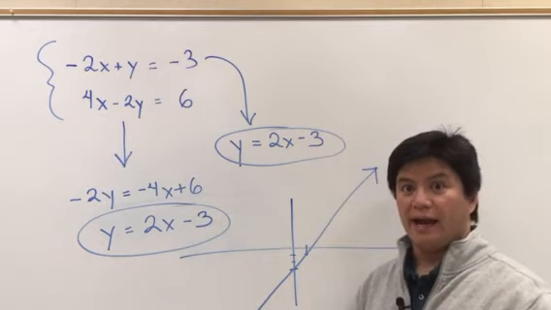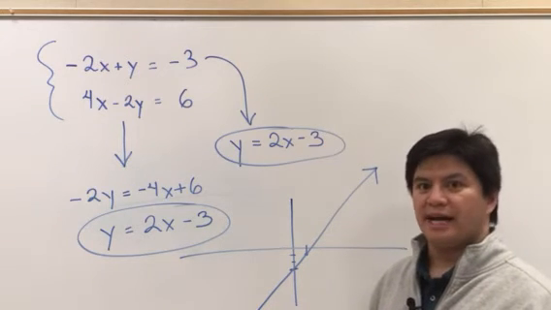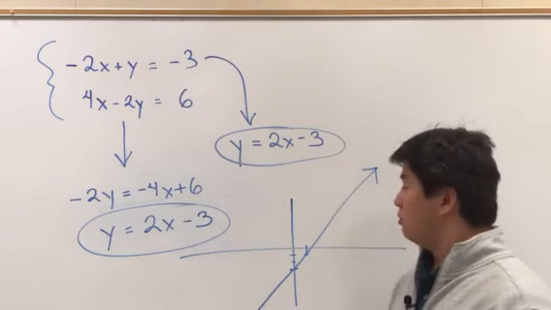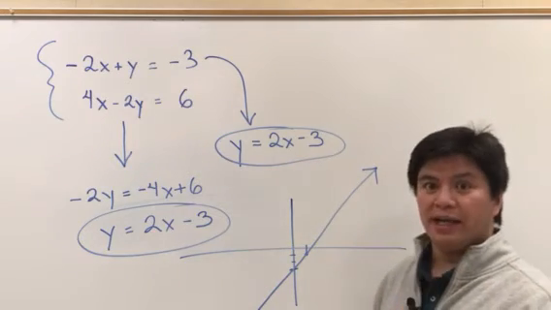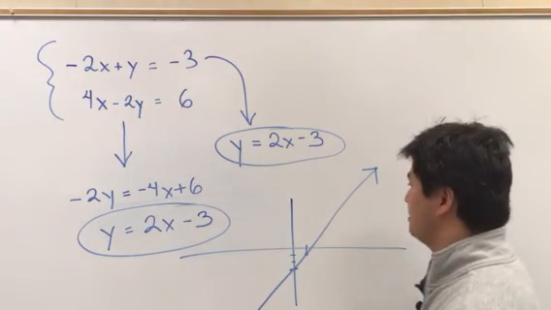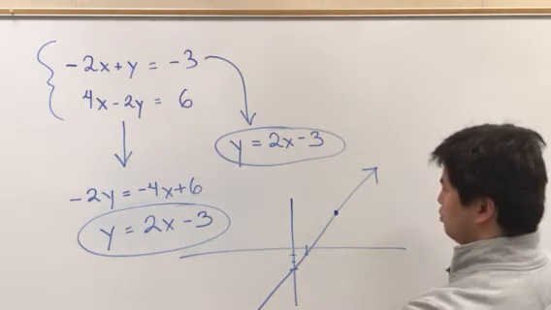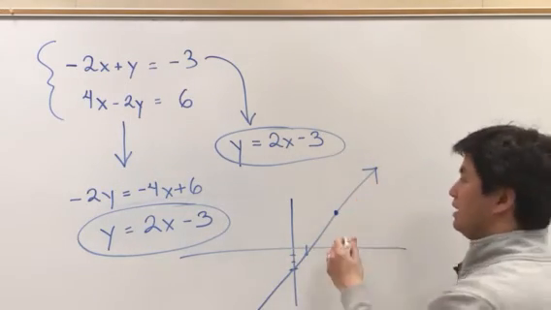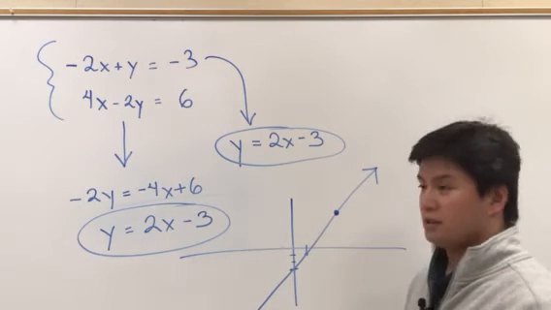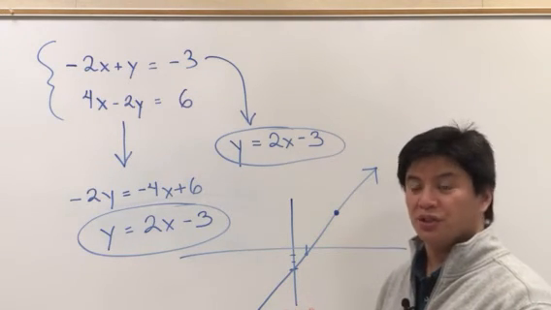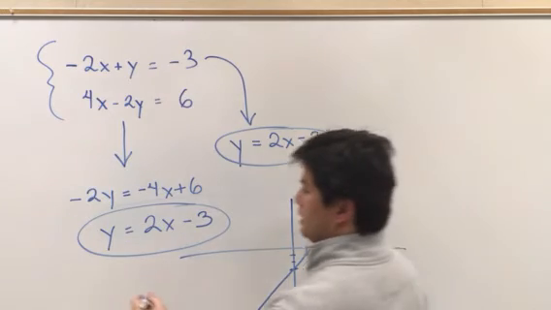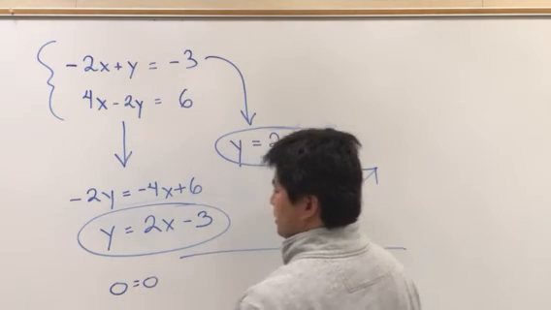They intersect everywhere because it's the exact same line. So we say that there are an infinite number of solutions. Do these two lines intersect here? Yes. There's one line right on top of that line. This xy coordinate will satisfy both equations. That's what it means when we see the 0 equals 0.